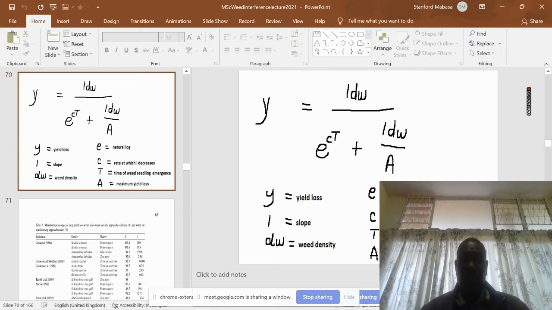This is the rate at which I decreases, I representing the slope.